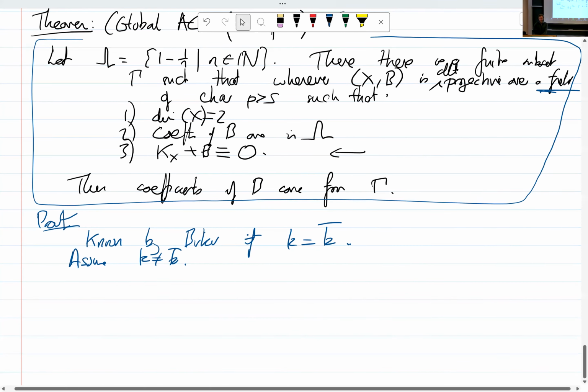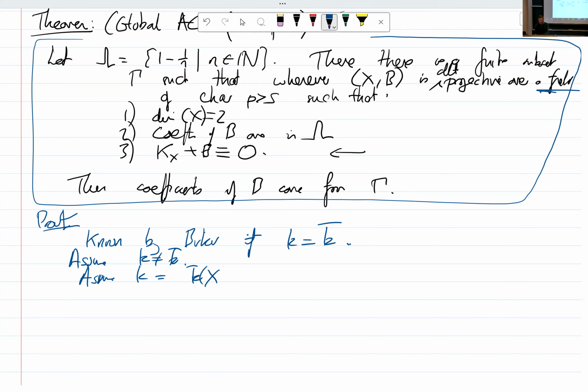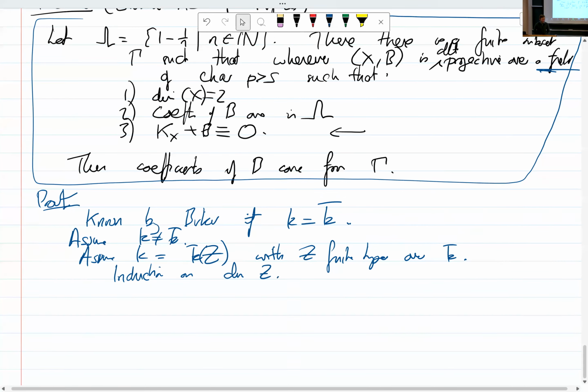And so you can kind of assume your field is the function field of some variety z, with z finite type over k bar. And then we can do induction on the dimension of z. Dimension 0, we know it, then in general we'll increase the dimension.